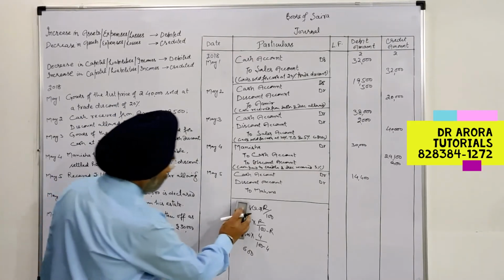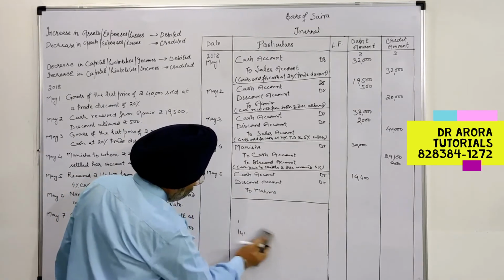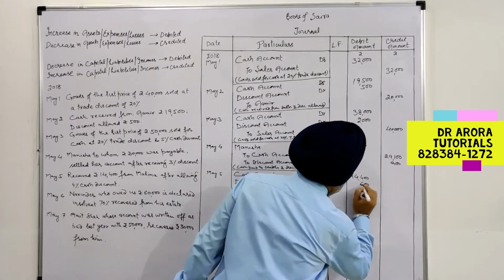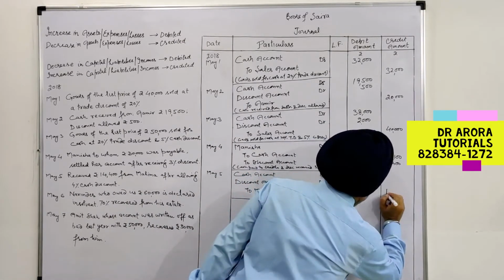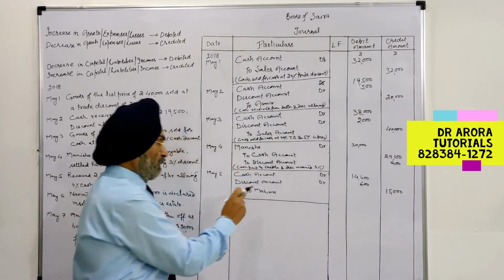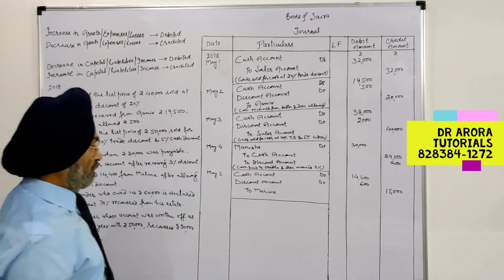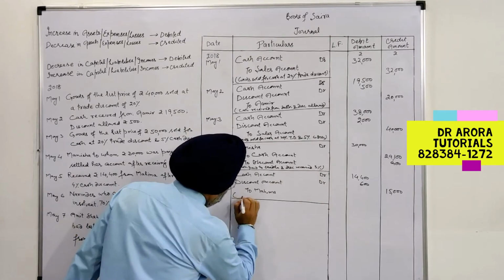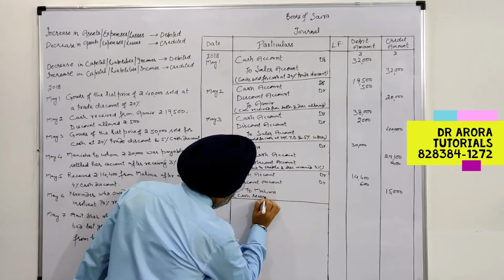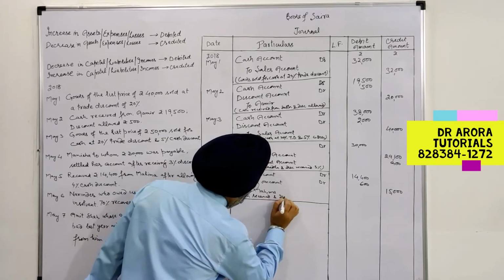So 600 is our discount. 600 is the discount and 15,000 was the amount receivable from Mehma, who was our debtor. So here cash received and discount allowed.